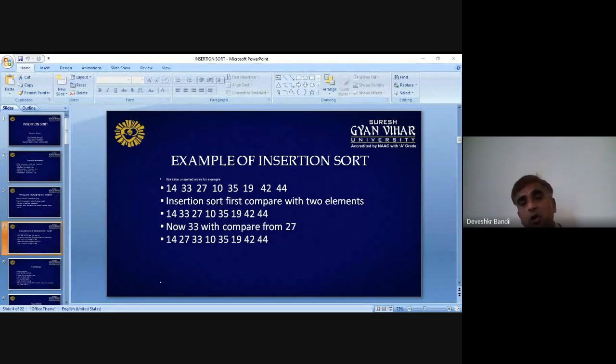After execution of these three statements, the values will be swapped. Then a will hold 20 and b will hold 10. That is the swapping concept. Okay.